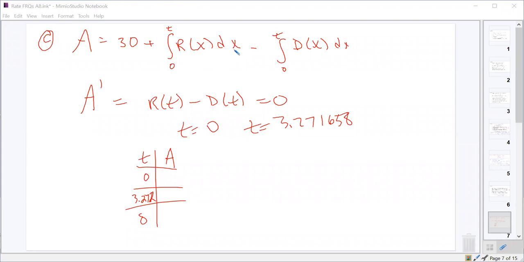I can make this r of y dy or r of theta d theta. It doesn't really matter, just so that it's not the same variable as what's up here, because that becomes confusing. But we need to have t values to plug into the r function when we integrate. So I need to put a t in the upper limit and then any other variable.